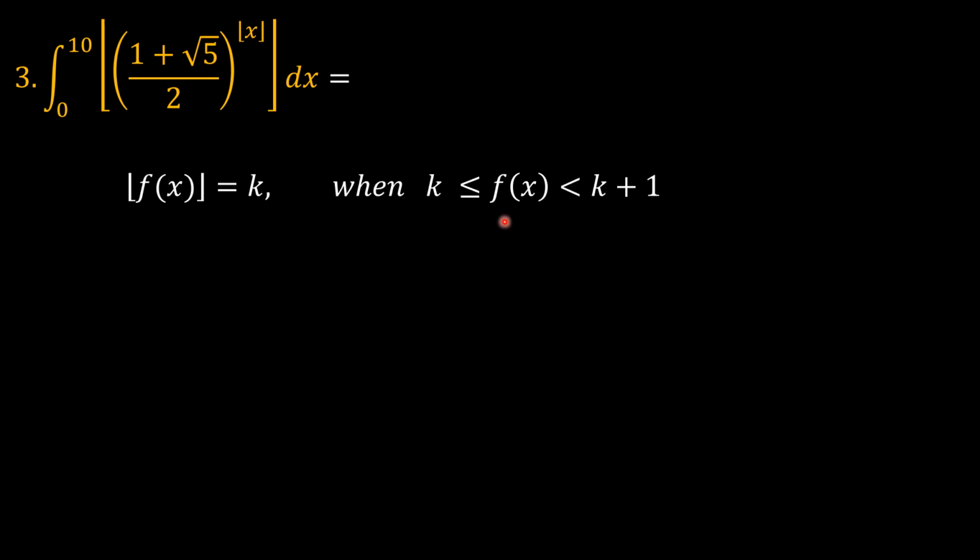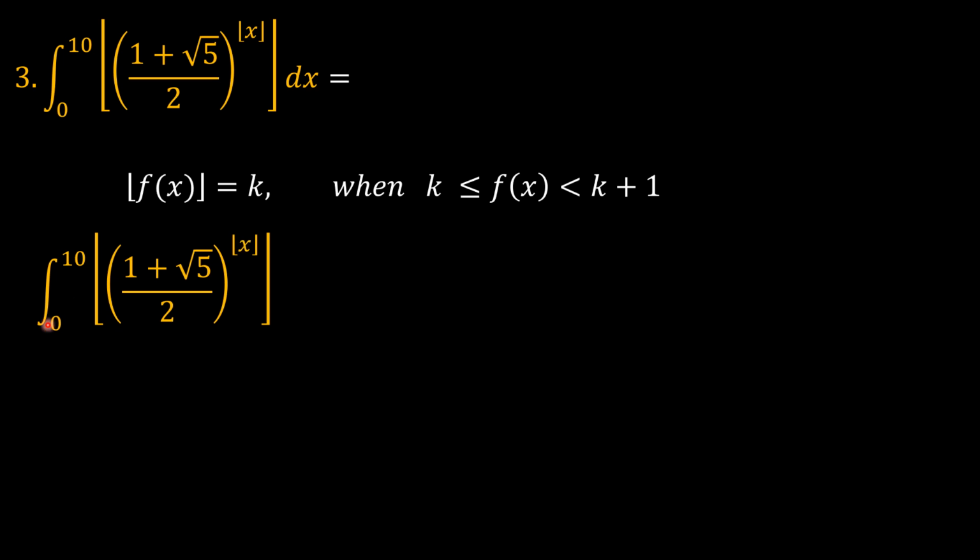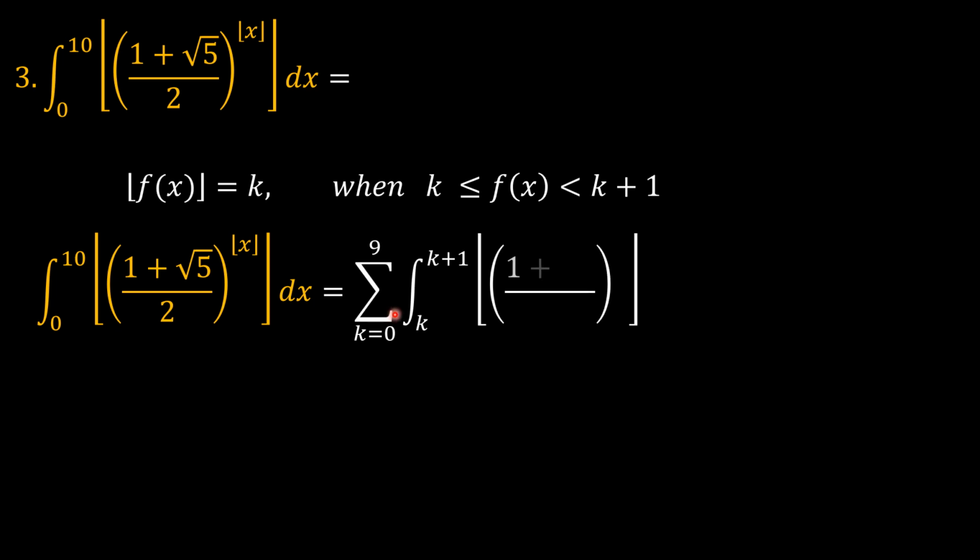Okay, so in this situation here, we have x, and that means that between 0 and 1, the floor of x will be 0. Between 1 and 2, it will be 1. And that means that now we've discretized this integration into strips. So there is k equals 0.